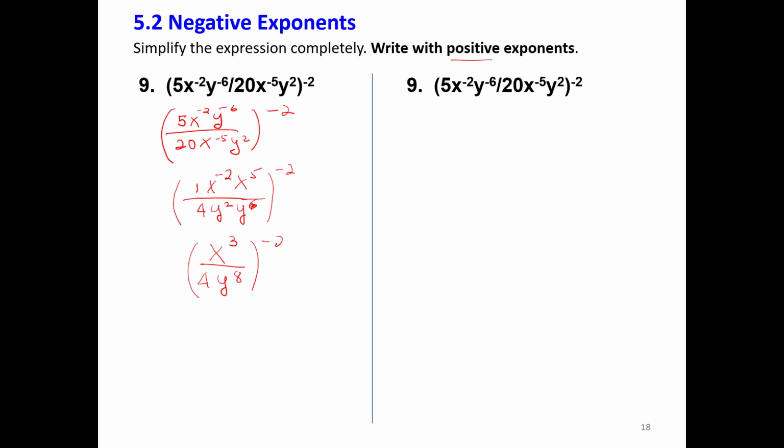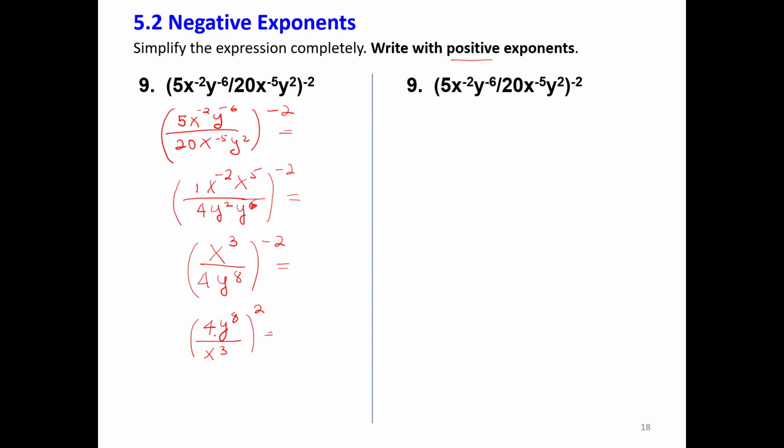Minus 2. Now, if we had a fraction to a negative exponent, to get positive, we need to flip the fraction. Then to get this positive, x to the third to the second by the equal sign.